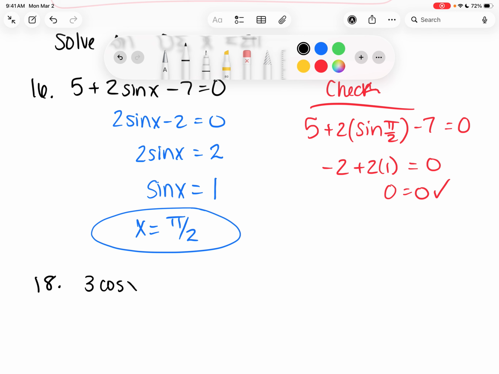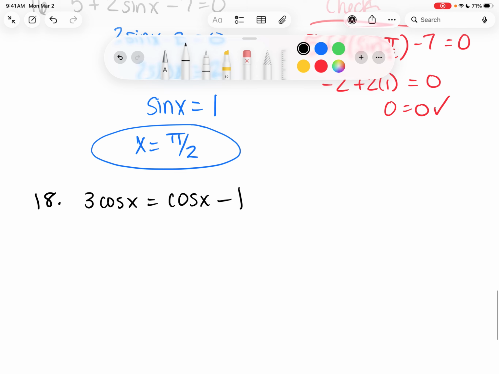3 cosine of x is equal to the cosine of x minus 1. What should I do first? Would you subtract the cosine from 3 cosine and 2 cosine?